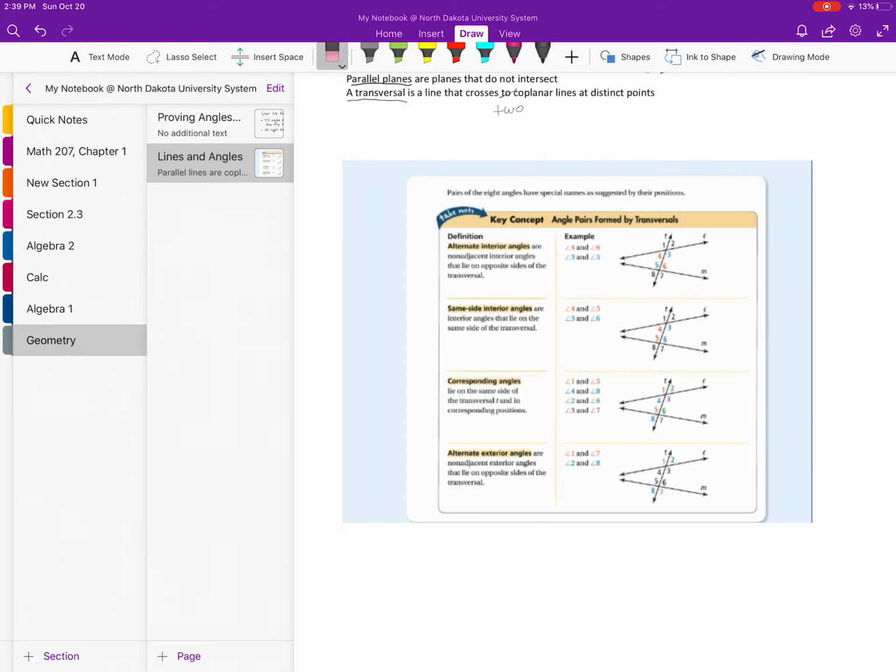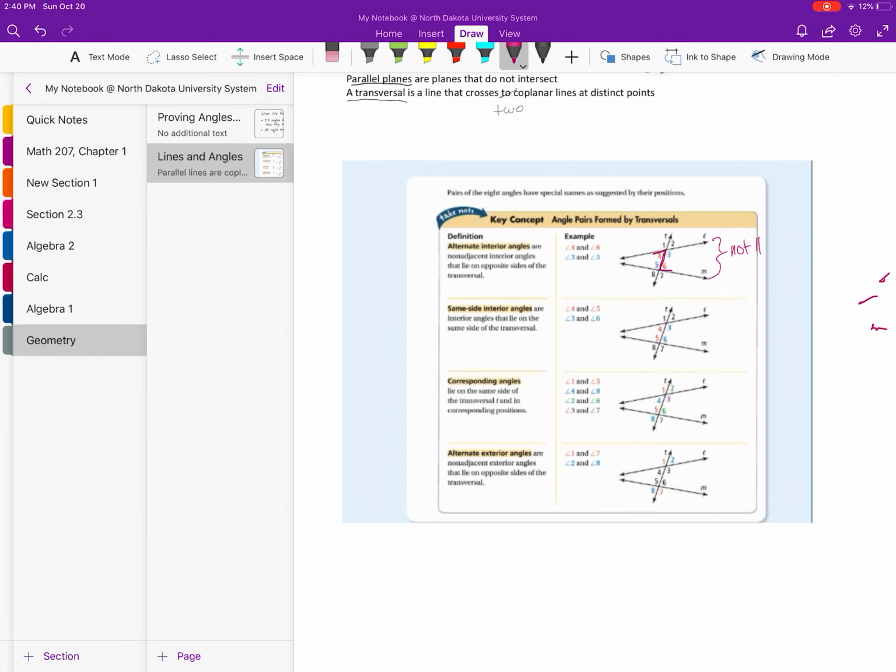Notice it doesn't say parallel lines, it just says coplanar, and you can see that lines L and M are not parallel, right? So they give us some key definitions of alternate interior angles, same side interior angles, corresponding angles, and alternate exterior angles.